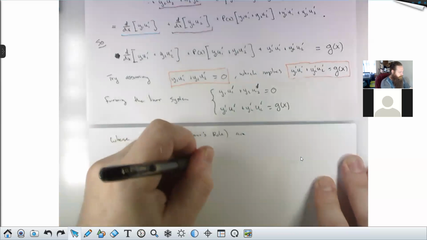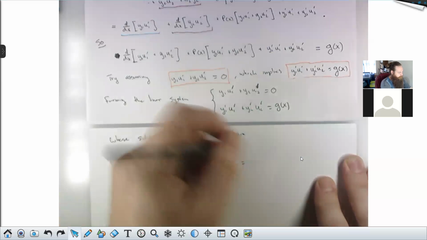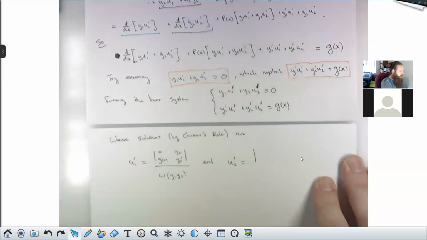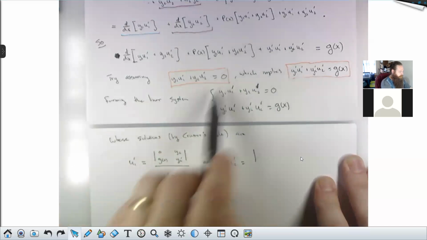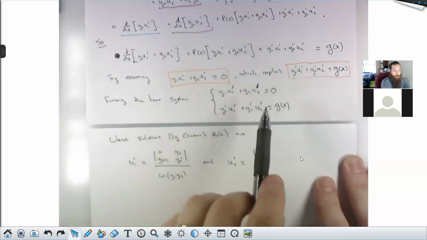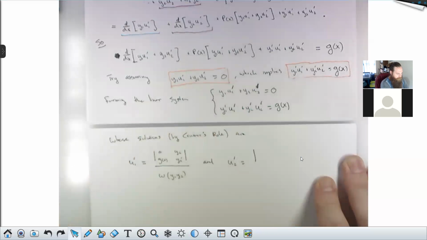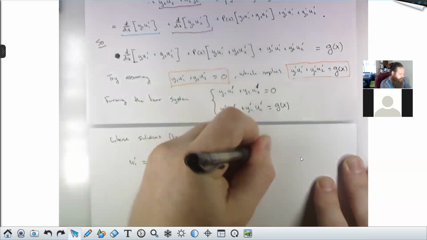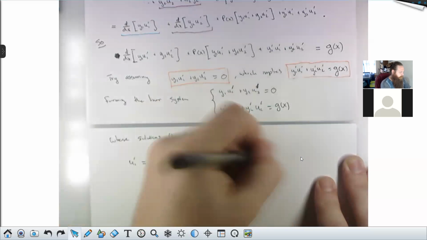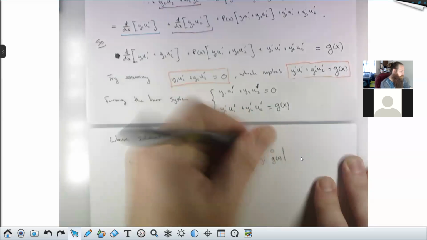And u2 prime, you're going to take the determinant of the matrix A here, which is again y1, y2, y1 prime, y2 prime, and replace the second column by that right-hand side. So you're going to have y1 prime in the first column, and 0, g of x in the second column.